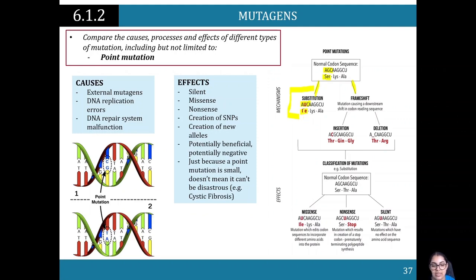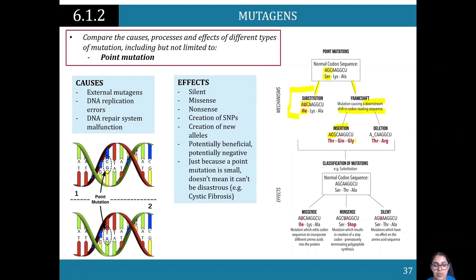and that means that our amino acid would also change right there. Frame shift mutation can either be insertion or deletion. So frame shift means that it just shifts one over. So it's causing a downstream shift, basically, in reading the sequences. So how does that happen? They can either be insertion or deletion. In terms of insertion, what happens is that we have the ACG.